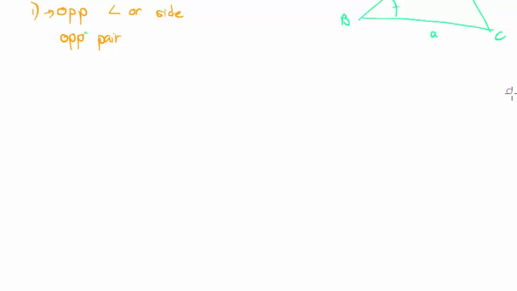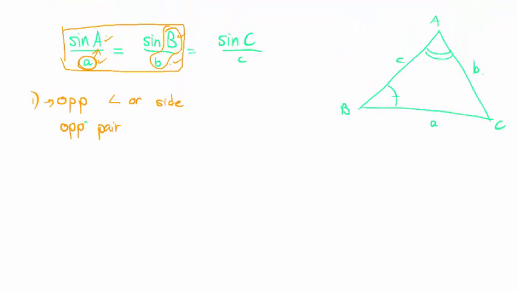Now the cos rule. The cos rule says that if I take any side length, let's take side length a, the cos rule is associated with Pythagoras. So it would say a squared is equal to b squared plus c squared, but this would only be the case if it was a right triangle.